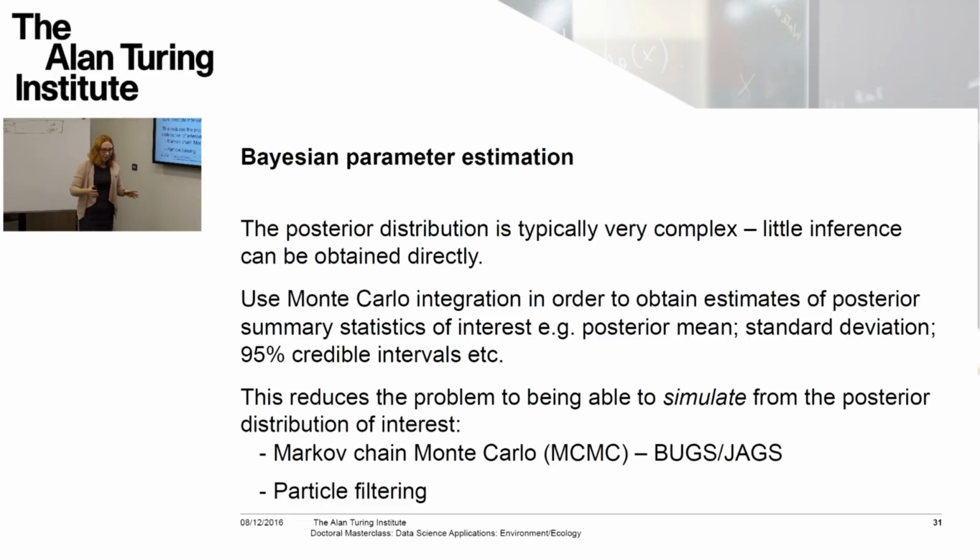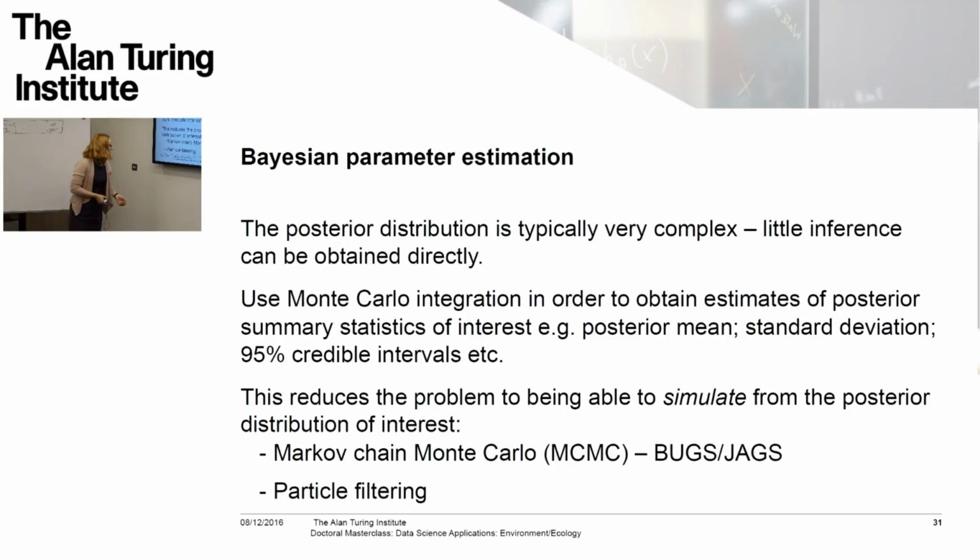I'm not going to go into the details, but rather than looking at the posterior distribution for the parameter, we will give summary statistics of the distribution. For example, the posterior mean, or a 95% credible interval, which is an interval such that 95% of the posterior distribution lies between those values. So rather than doing it all on this high-dimensional distribution, we simplify and summarize it.